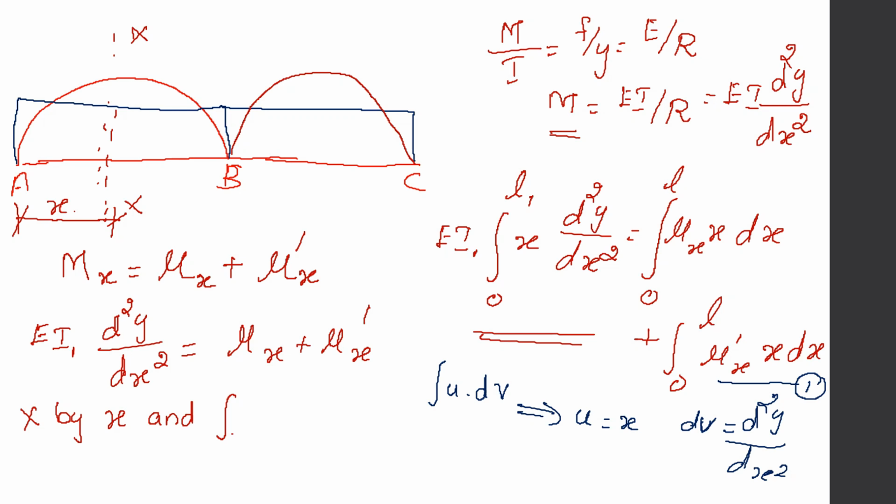Now, from this, u1 is equal to 1 and v is equal to dy by dx. So, we know integration of u into dv is equal to uv minus integration of u1 v.